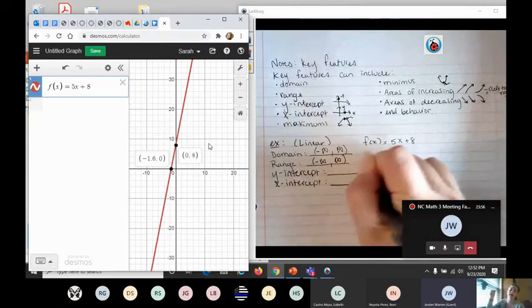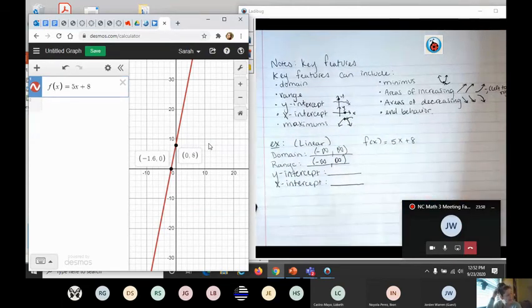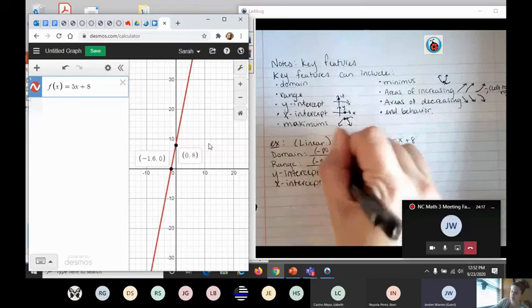Your y-intercept is on your y-axis, and the y-axis is vertical. It goes up and down. 0. So it's two numbers. It's a point. It does start with 0 for my y-intercept.